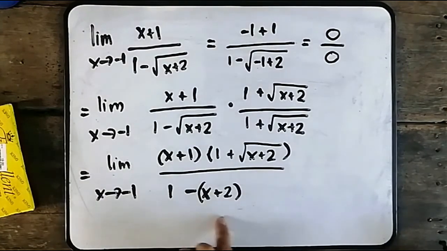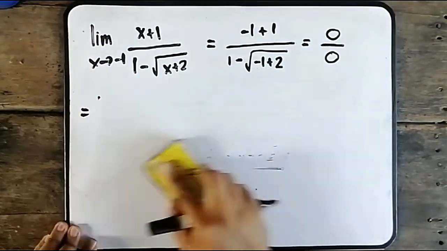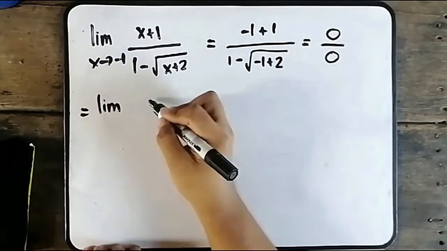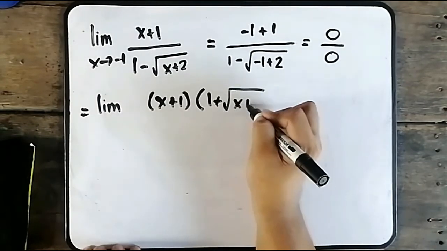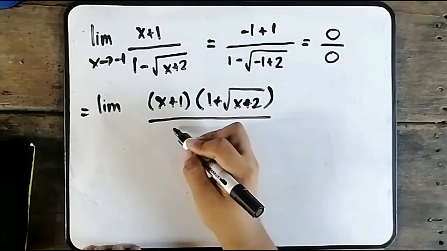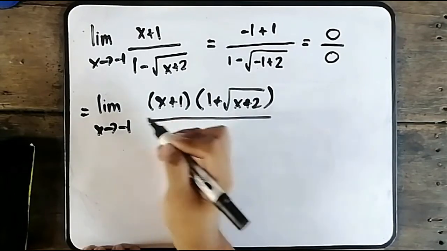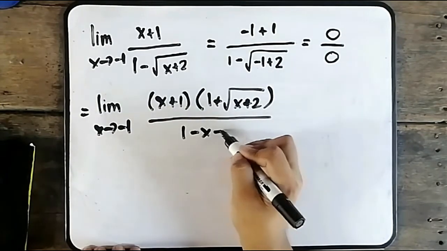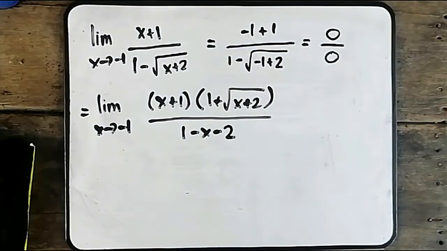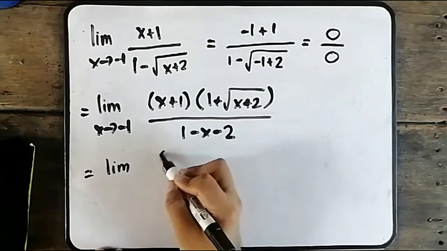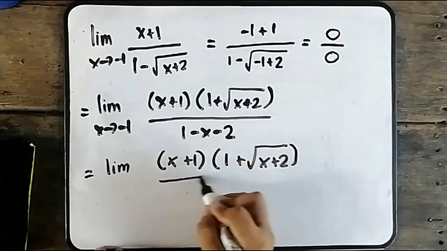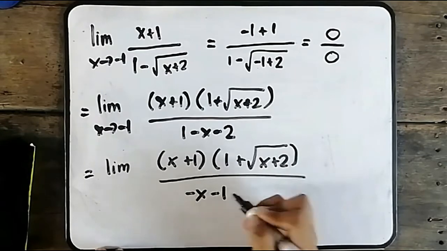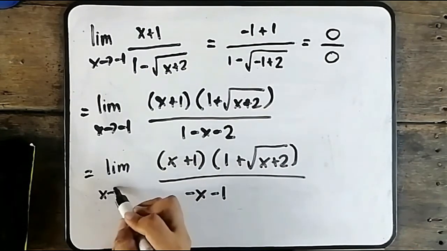Then if we simplify this becomes now 1 minus x minus 2, or that is equal to the limit of x plus 1 times 1 plus the square root of x plus 2 all over negative x minus 1 as x approaches negative 1.